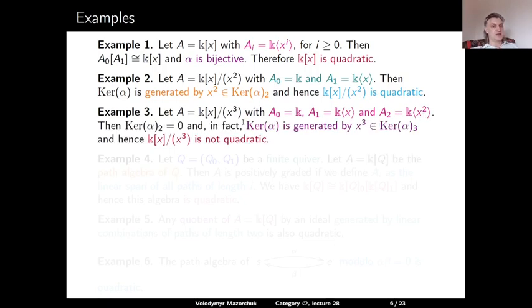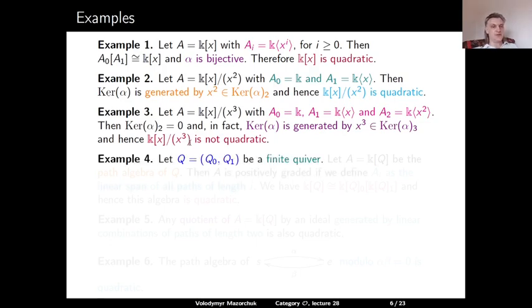Similarly to the previous examples, the tensor algebra of the bimodule A1 over A0 is a polynomial algebra, and in this case we see that the degree 2 part of the kernel of alpha is 0. In fact, by definition, the kernel of alpha is generated by the element x cubed, which is an element of degree 3. Therefore, this algebra k[x] modulo x cubed is not quadratic.